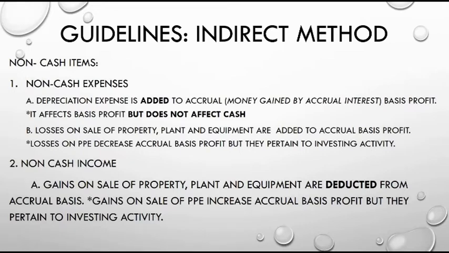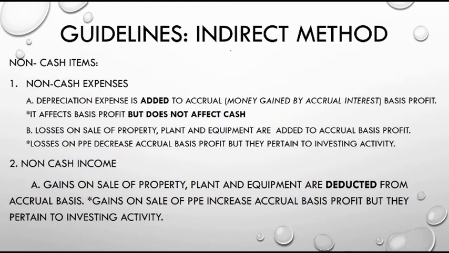Kaya kung mo siya ina-add, kasi ang naapektuhan niya lang is yung profit. Wherein, di ba, ibinabawas mo siya sa profit kaya mo siya ina-add. Parang, instead of subtracting directly to cash, since hindi mo pa naman binibenta yung item, i-add mo yung depreciation expense.